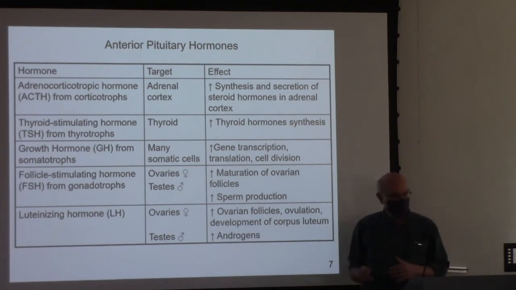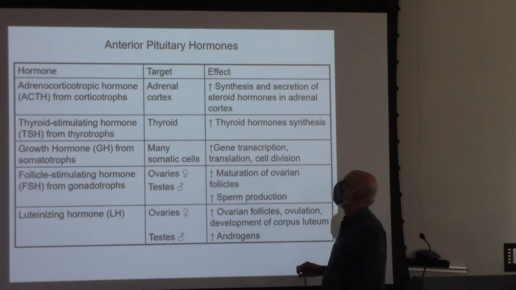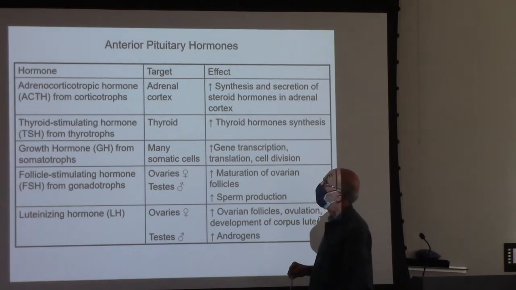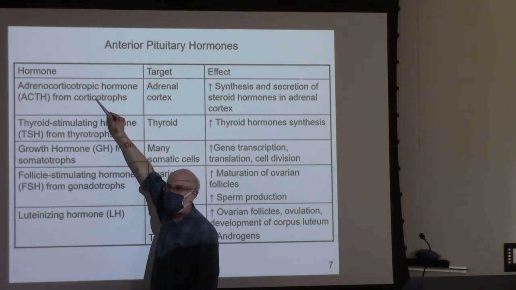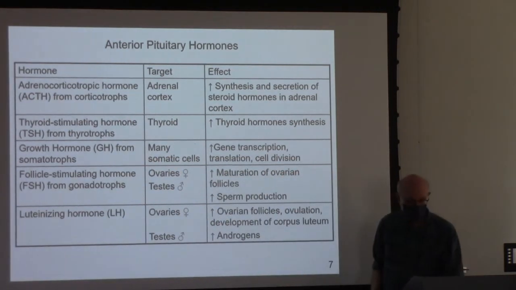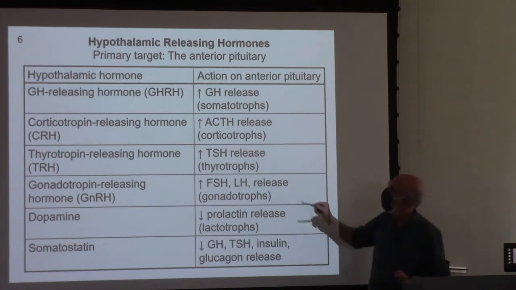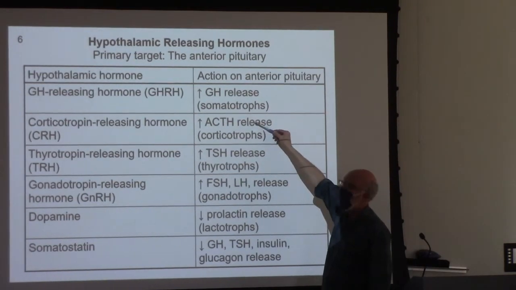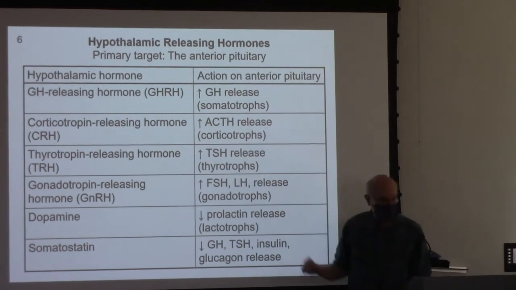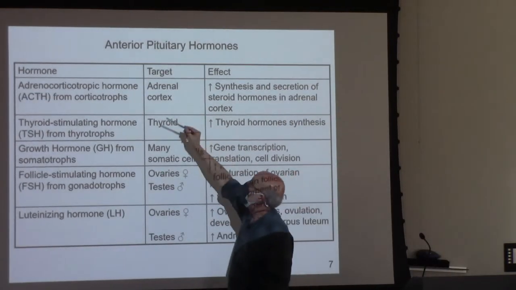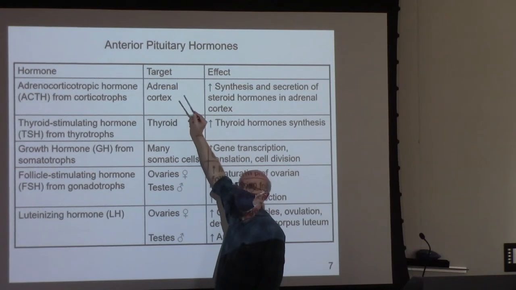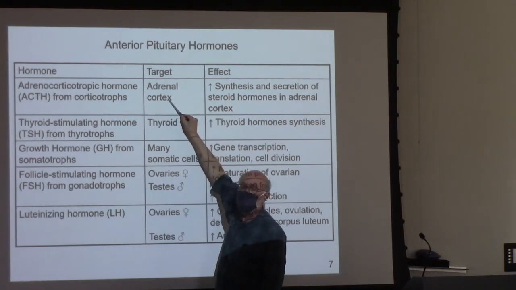We've got another table. Now we're talking about the hormones of the anterior pituitary. So remember, let's just do the first one. ACTH is released by the corticotropes of the anterior pituitary. What does it do? It has a target, the adrenal cortex.